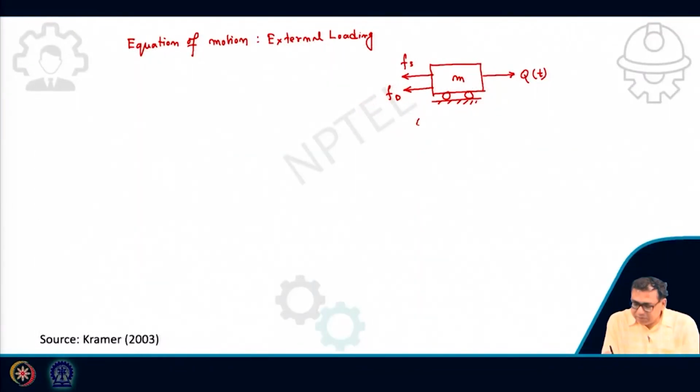Now Qt is equal to the external load, and there is an inertia force also. That inertia force Fi will act in the opposite direction, as your force is acting in this direction. So Fi is the inertial force.